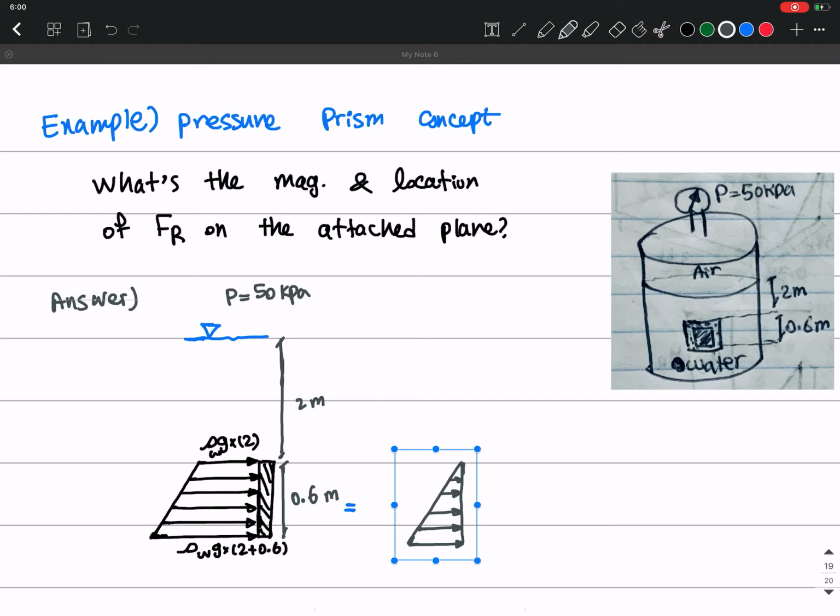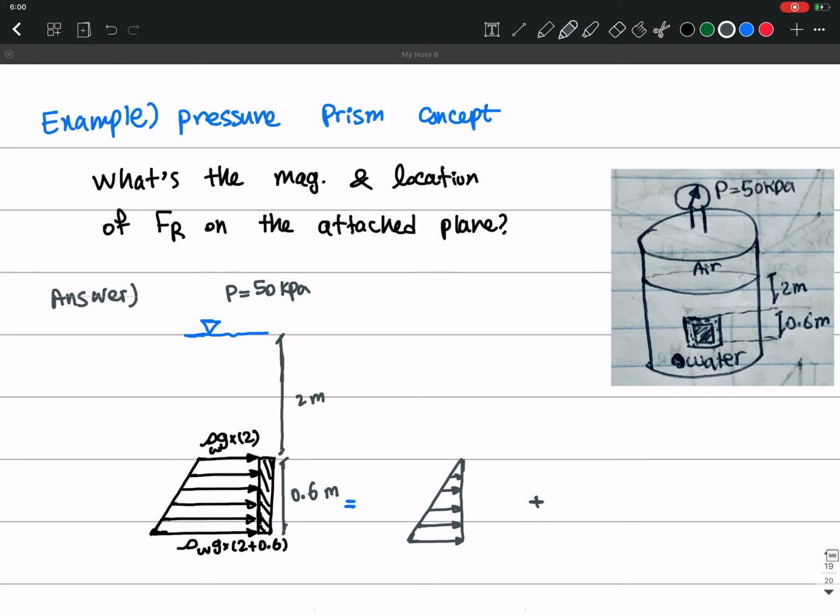So let me put it a little bit here. Plus a rectangle.